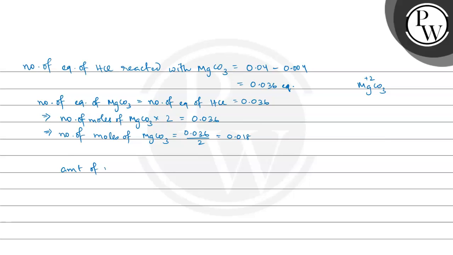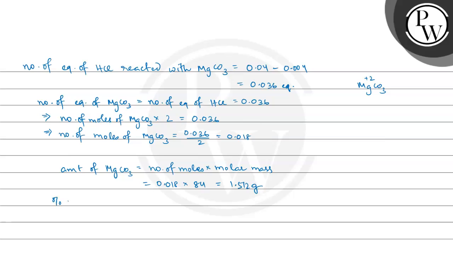So we can get the amount of MgCO3. Amount of MgCO3 is number of moles multiplied by molar mass, and number of moles is 0.018 multiplied by the molar mass, 84 grams per mole, and then this is equal to 1.512 grams.